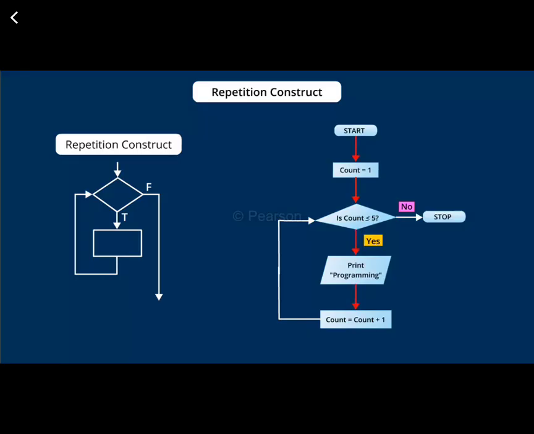Since the next instruction increases the count by 1, the count becomes 2 and steps 3 and 4 are repeated. The count continues as long as the value of count is less than or equal to 5, the condition after which the program ends.